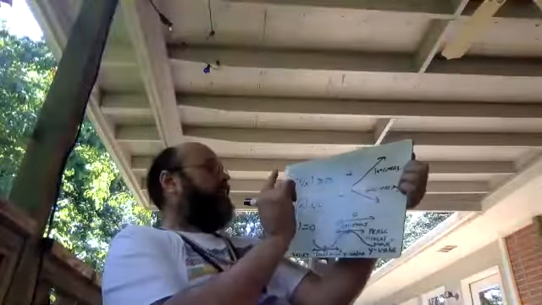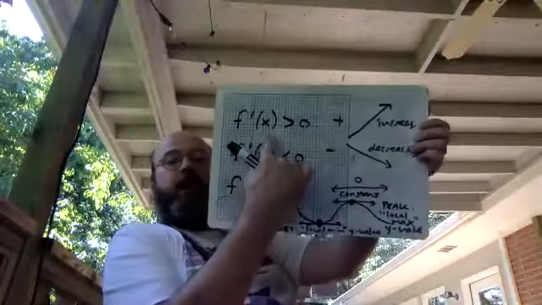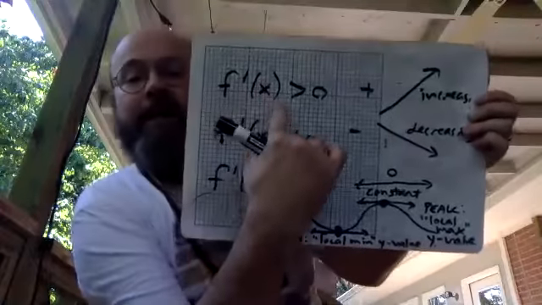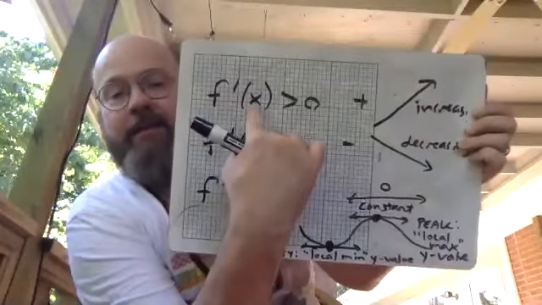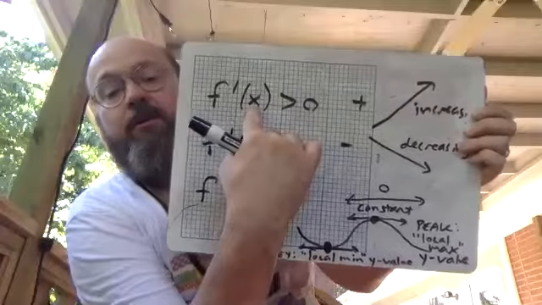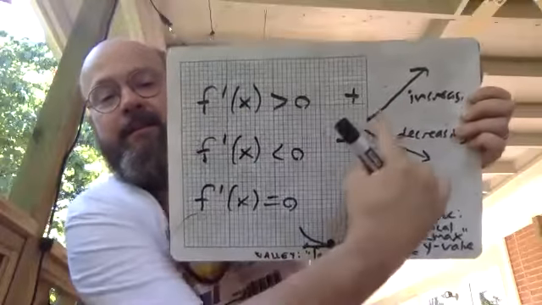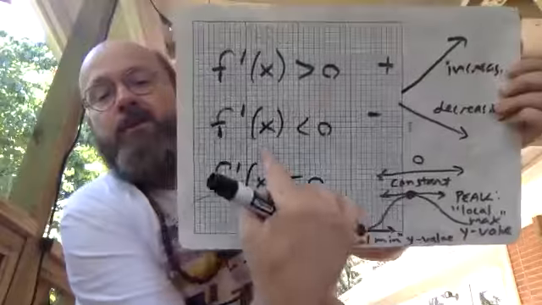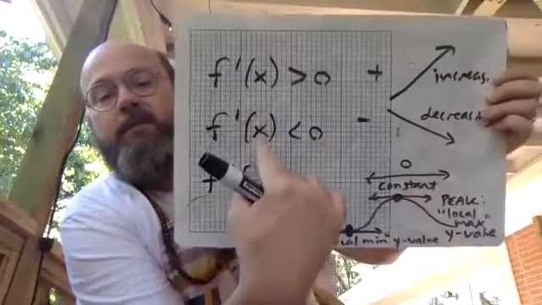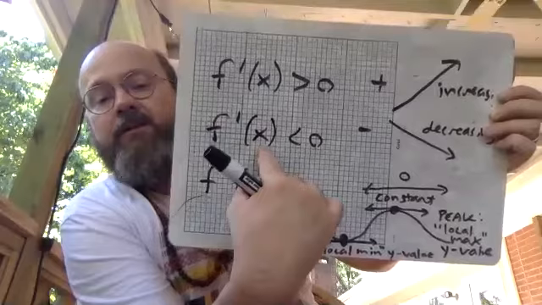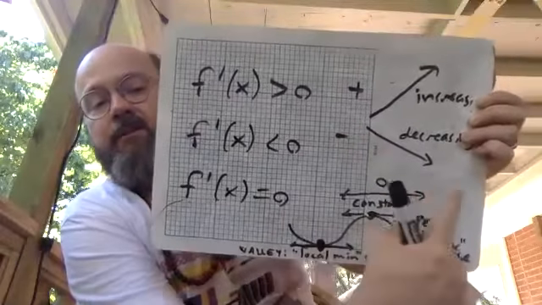So you know that if you have a function and the derivative is positive, like literally you take the derivative and you plug in a value of x and you find that that's a positive number, or on the graph it's above the x-axis, then it's increasing. If you plug in an x value and it gives you a negative derivative at that value, then at that value the function is decreasing.